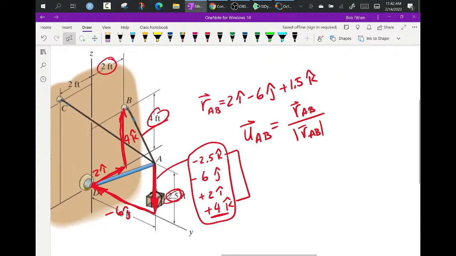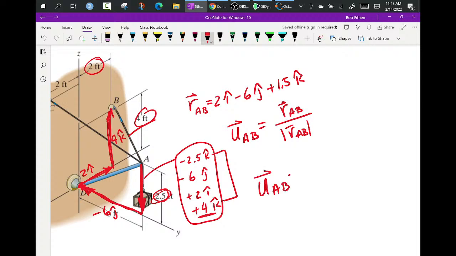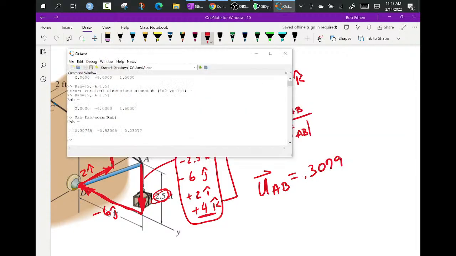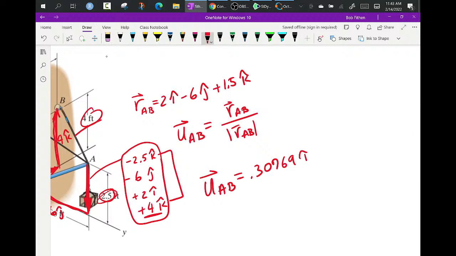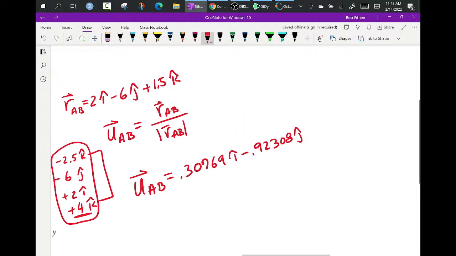So, oops, I meant to write UAB equals 0.30769 I, minus 0.92308 J, and 0.23077 K. Now, I wish I had written that flat like that, but I don't know that I can rotate, but I can copy that, but anyway.